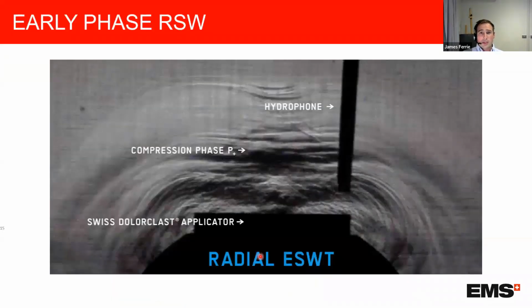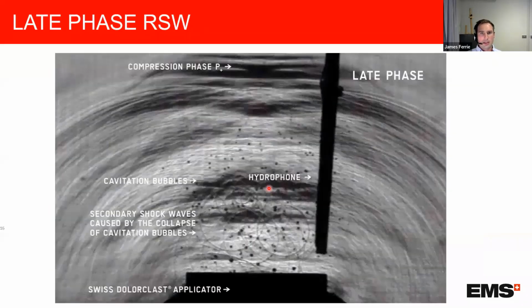So this is a picture looking at our shockwave. What we can see is, as that shockwave propagates, and this hydrophone is looking at this, this is in the compressive phase. We've got our positive energy density. And in our second image, as that shockwave propagates, we start to see these little cavitation bubbles, which are these little black dots.